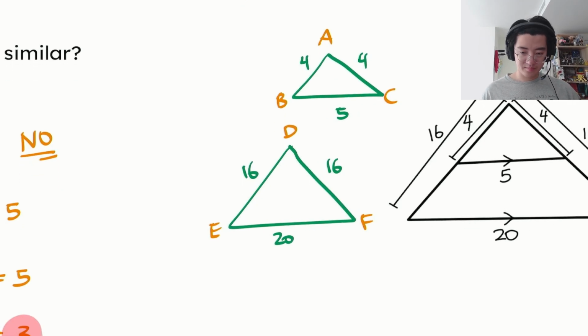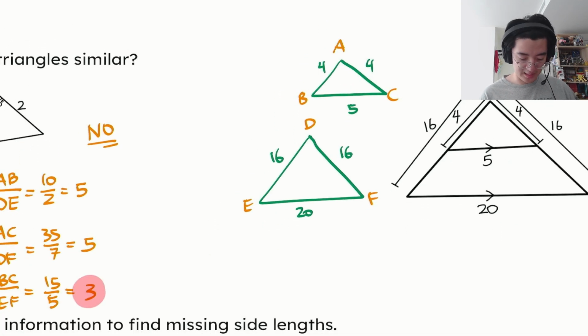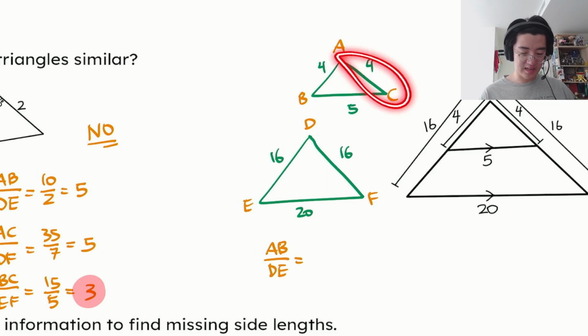Okay. So let's check those lines. You can see that AB and AC are the same, DE and DF. So the proportion of line AB over DE must be the same as AC over DF, right?